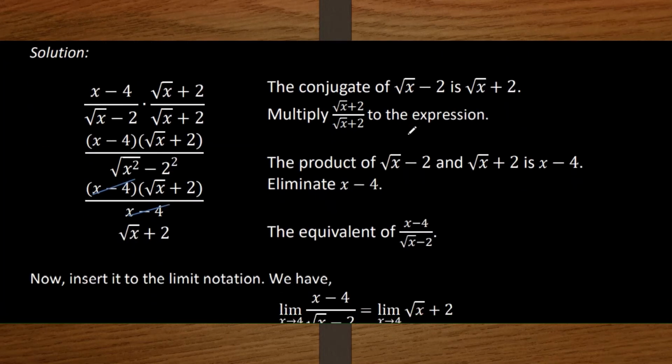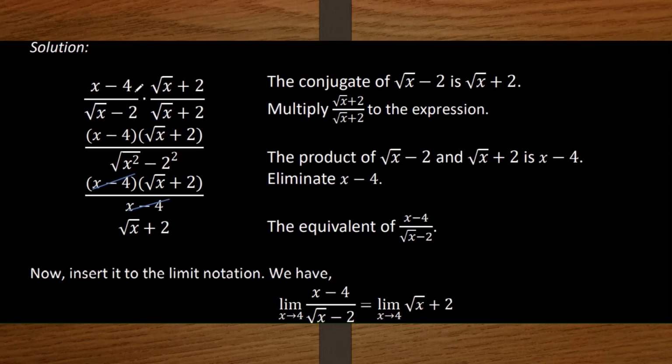Now, in the conjugation process, we focus on the denominator. So this one is subtraction. Its conjugate must be addition. So you're going to multiply square root of x plus 2 and square root of x plus 2 to the numerator and the denominator.